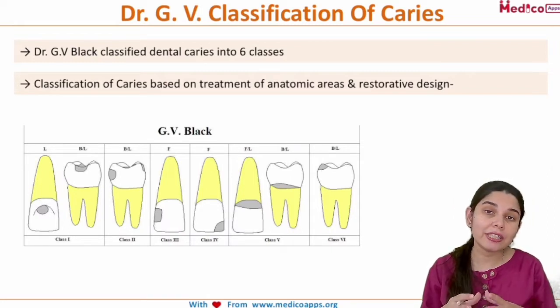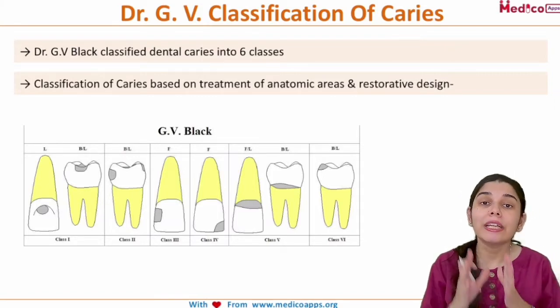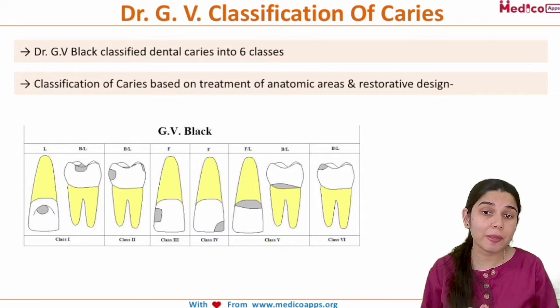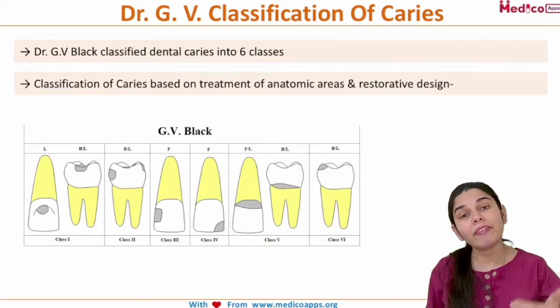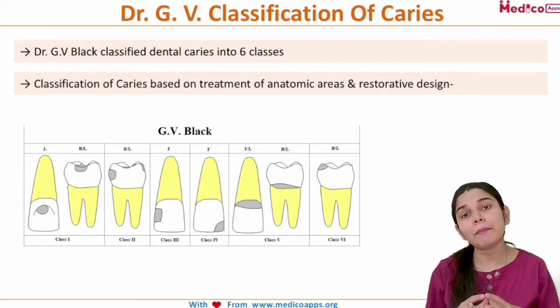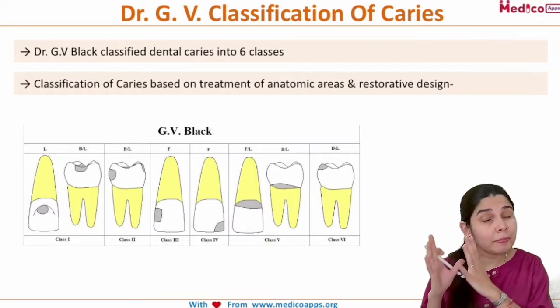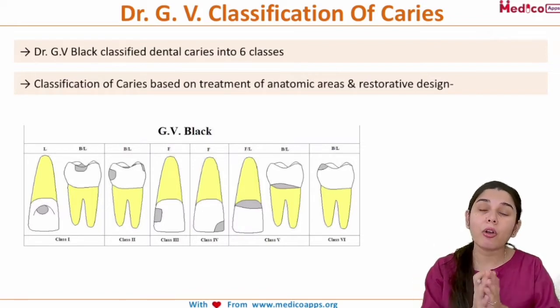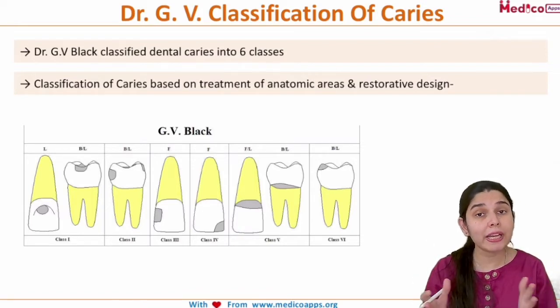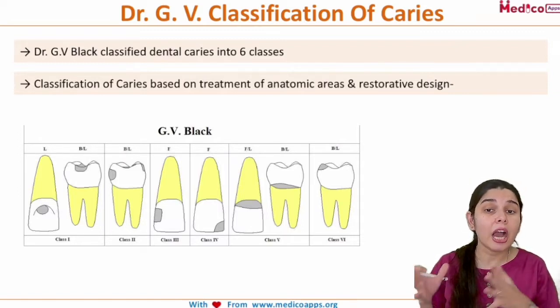What do you understand by that? It means that the classification is based on the particular area where the dental caries has taken place and the particular type of restorative material which we will be using, suiting the anatomical area where we are making the design accordingly.